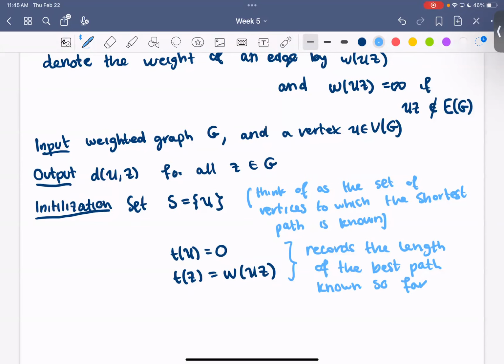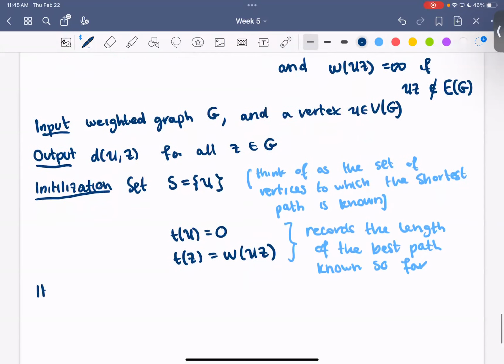So as we go along in this algorithm, we're going to update S and T. And so here's how that will work. For our iteration, I'm going to select a vertex V outside of S such that T of V is minimal among such vertices.